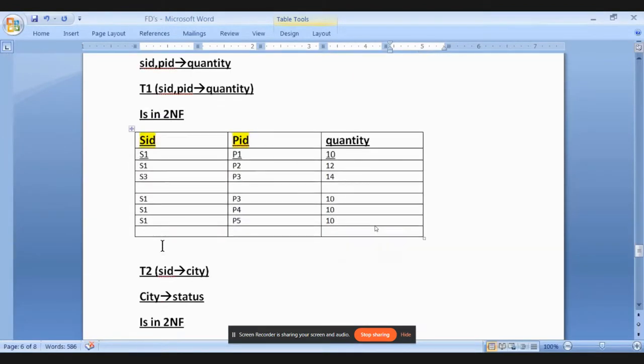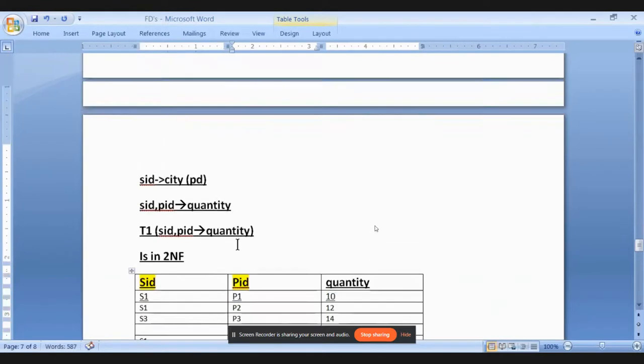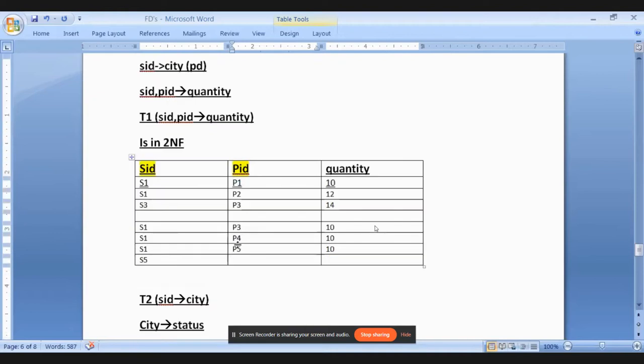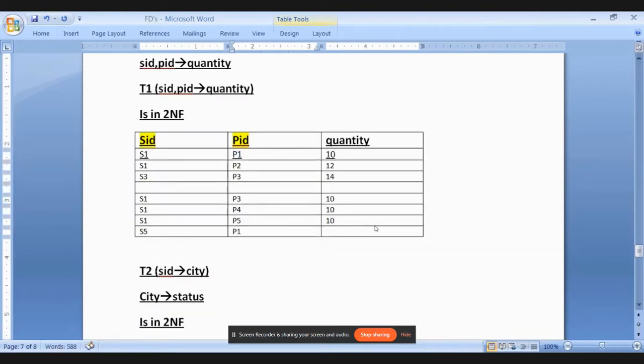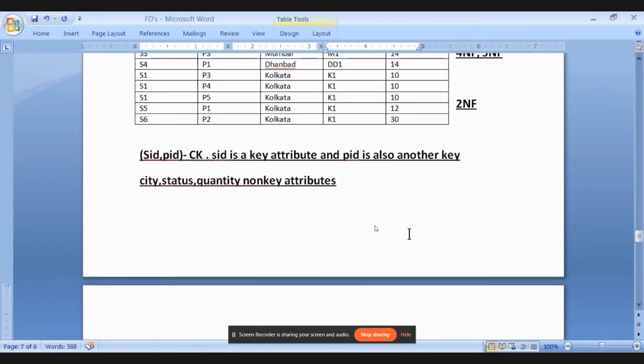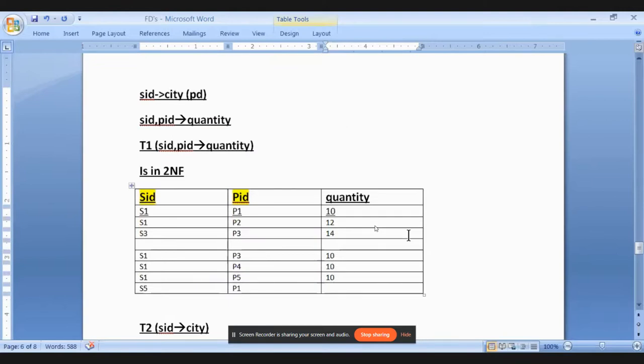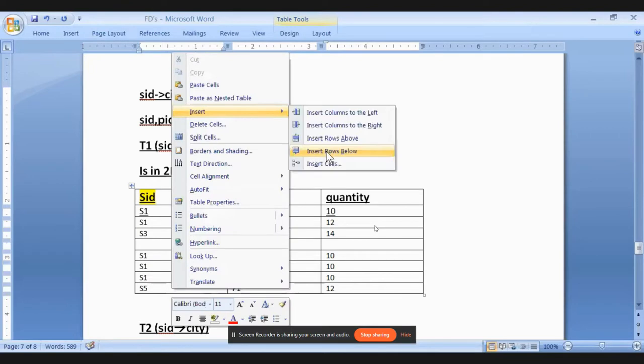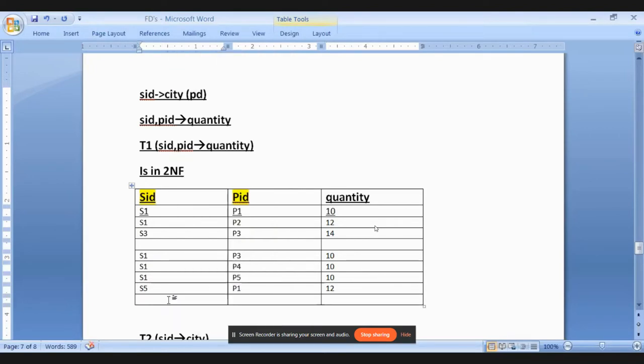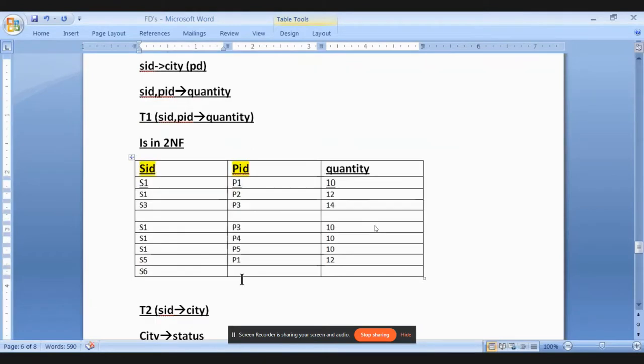S5 supplies which product? P1, by how much quantity? 12. And the other row: S6 supplies which product? P2, by how much quantity? 30.